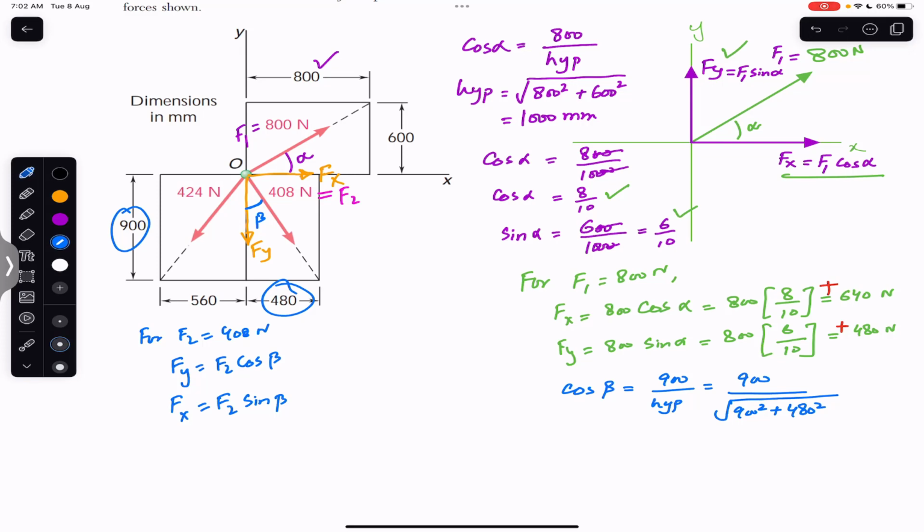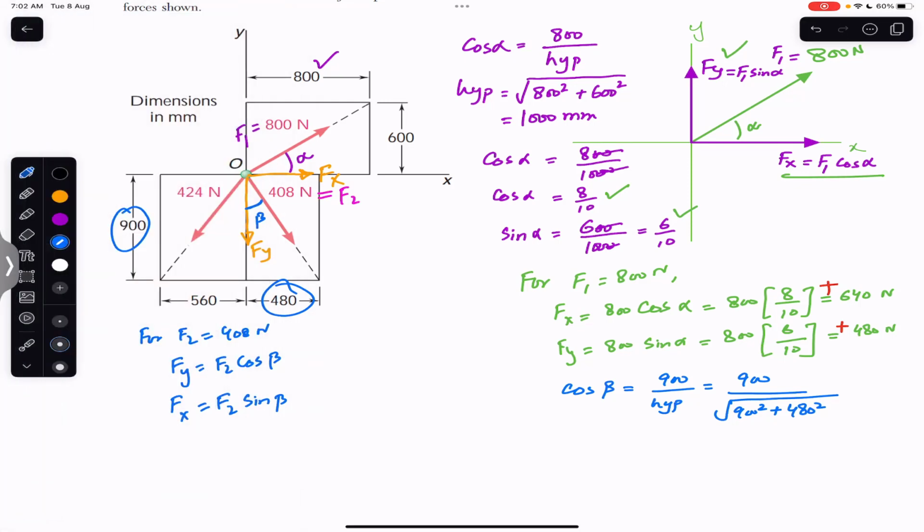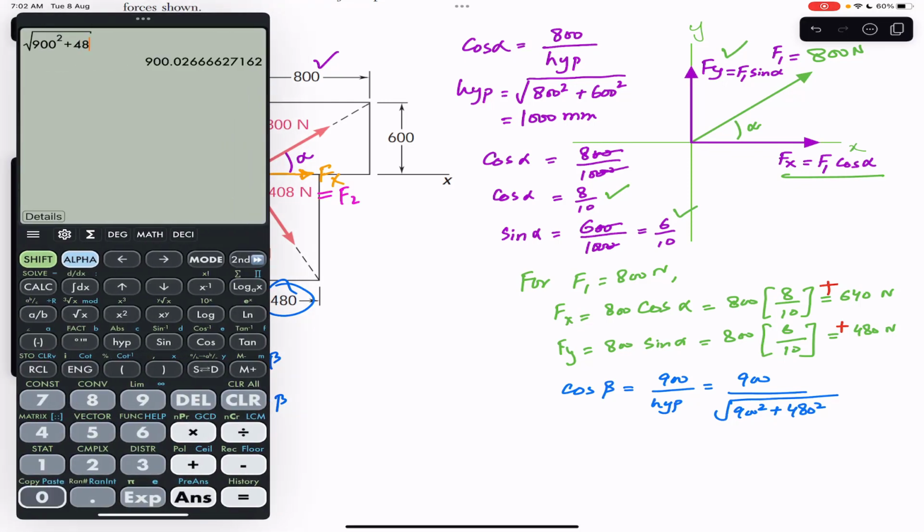So now let's find the hypotenuse first. That will be 900 square plus 480 squared. So this is 1020. So cos of beta is 900 divided by 1020.